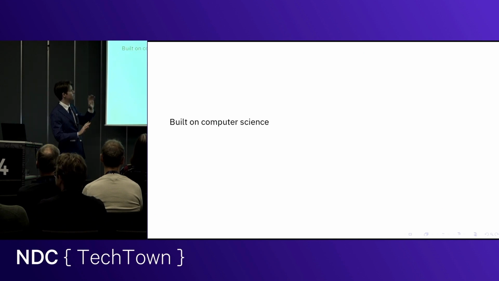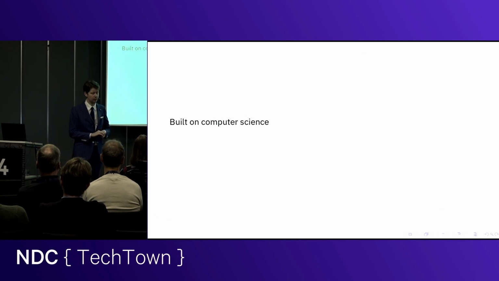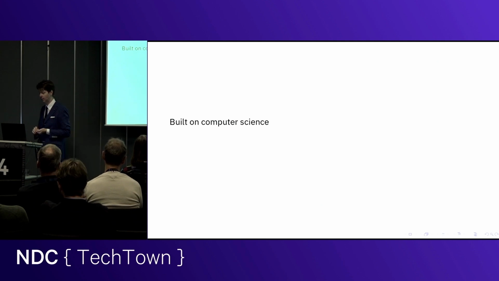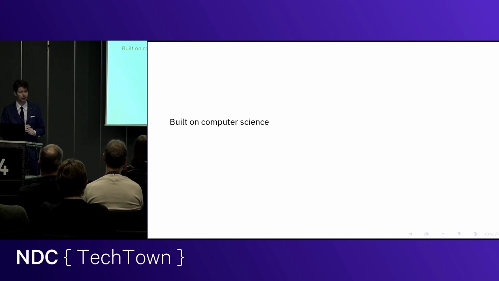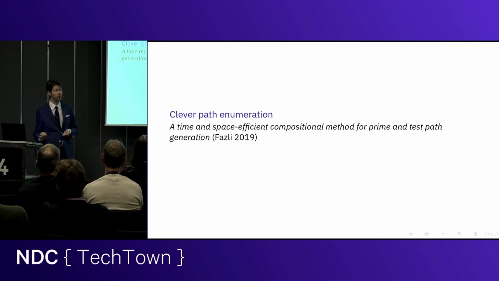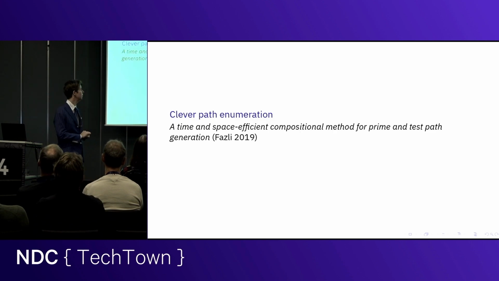So this whole process in GCC is built on computer science. Sometimes I hear engineers say that computer science doesn't matter. It does. I implemented an algorithm, most of an algorithm, described by a few fellows called Fazli and Afsarshi. I'm probably not pronouncing that right, but my Farsi is pretty terrible.